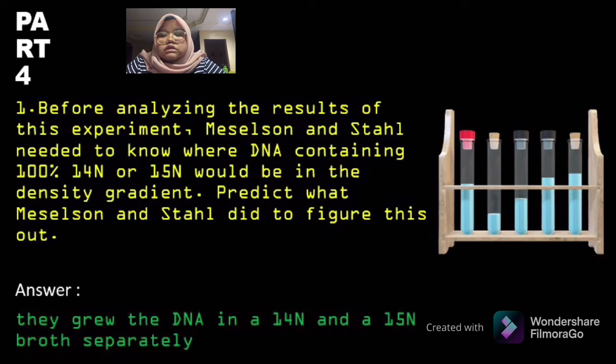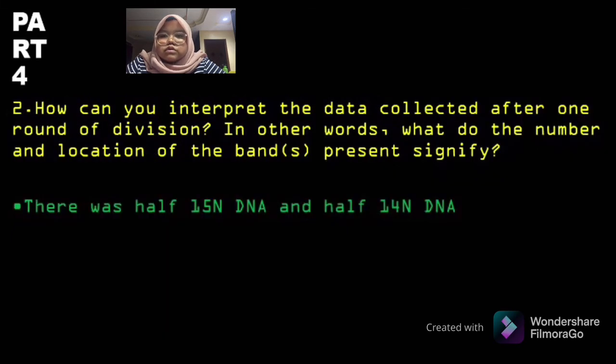So the answer is they grew the DNA in 14N and 15N separately. So moving to the next question, how can you interpret the data collected after one round of division? So in other words, what do the number and location of the bands present signify? So the answer is there was half 15N DNA and half 14N DNA.